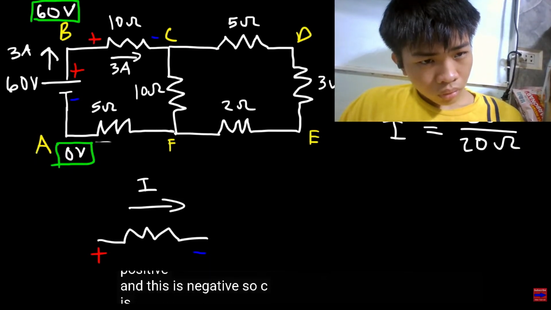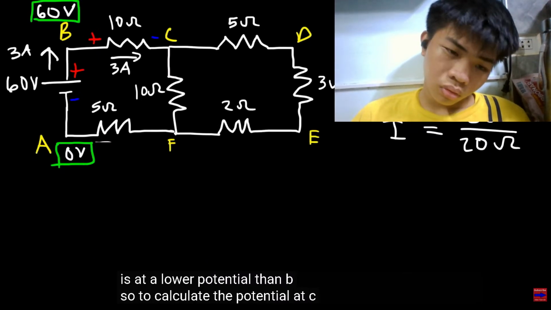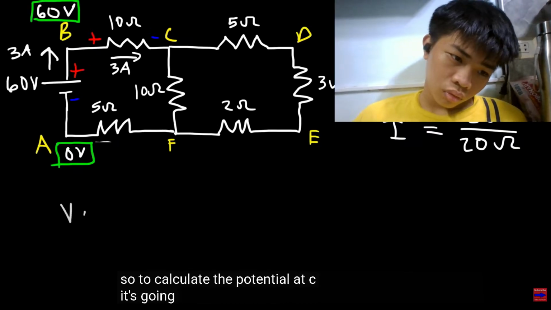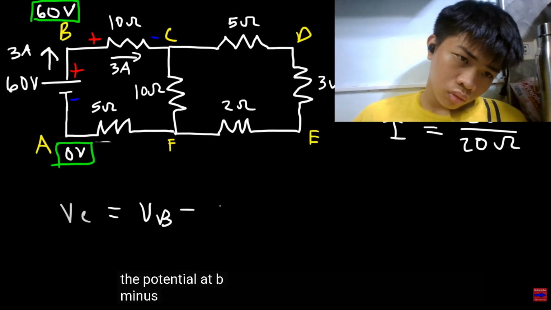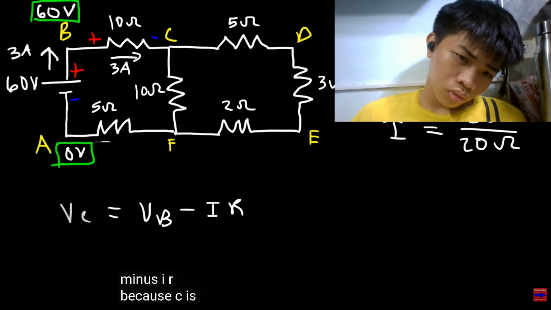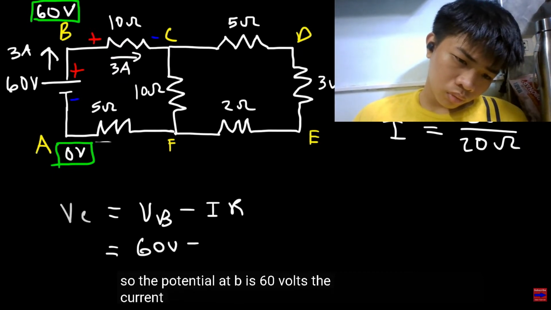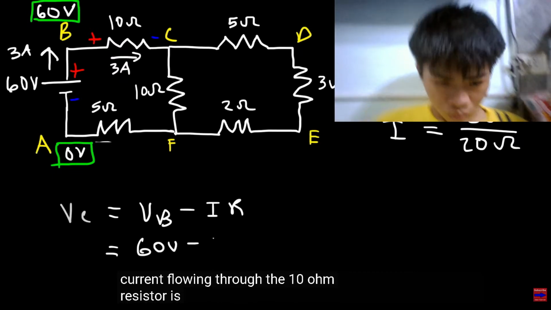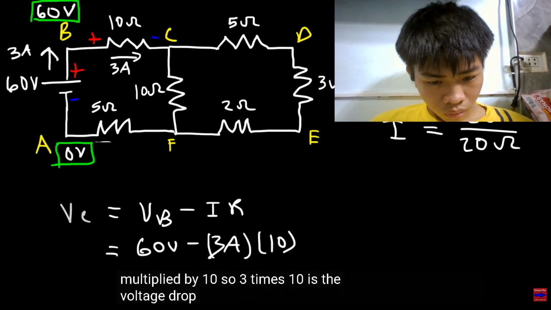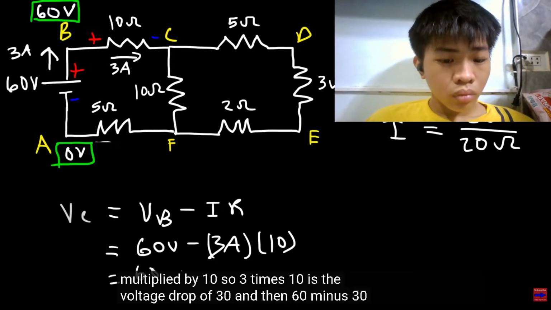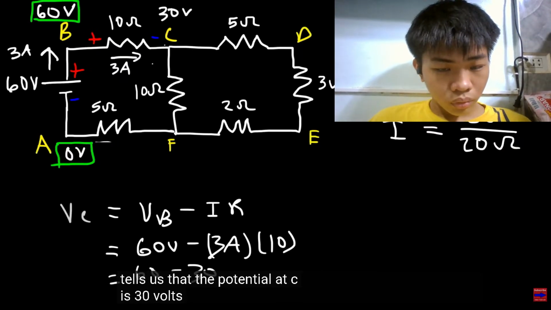So C is at a lower potential than B. So to calculate the potential at C, it's going to be the potential at B minus IR, because C is lower than B. So the potential at B is 60 volts. The current flowing through the 10 ohm resistor is 3 amps multiplied by 10. So 3 times 10 is a voltage drop of 30. And then 60 minus 30 tells us that the potential at C is 30 volts.